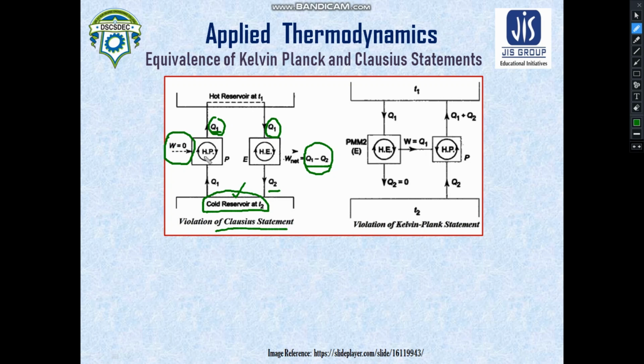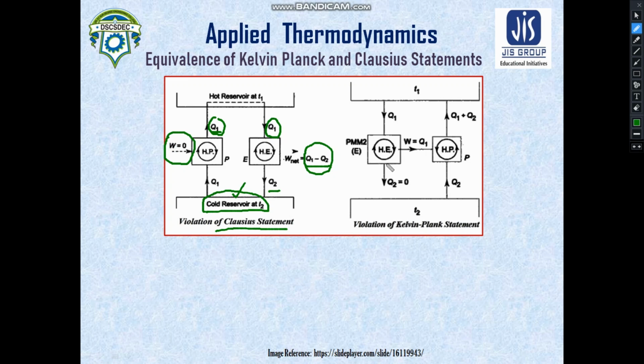So in this case, this heat engine has become a device which is supplying continuous work, but it is only interacting with the bodies at a single fixed temperature. Okay, so that means it is violating the Kelvin Planck statement. So it is quite obvious that if the system is starting to violate Clausius statement, then it will obviously violate Kelvin Planck statement also.